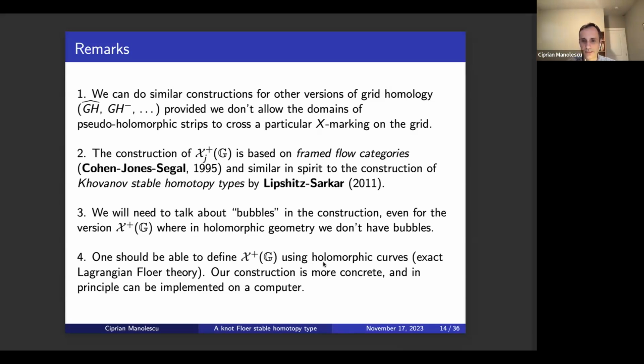Our construction will be similar in flavor to that. There will be no holomorphic curves, but secretly it's inspired by Lagrangian Floer theory. And in principle, you can implement it on the computer. We did a small version of that, but it's something that you can compute. By compute, I mean, if you want to compute the stable homotopy groups of the space.